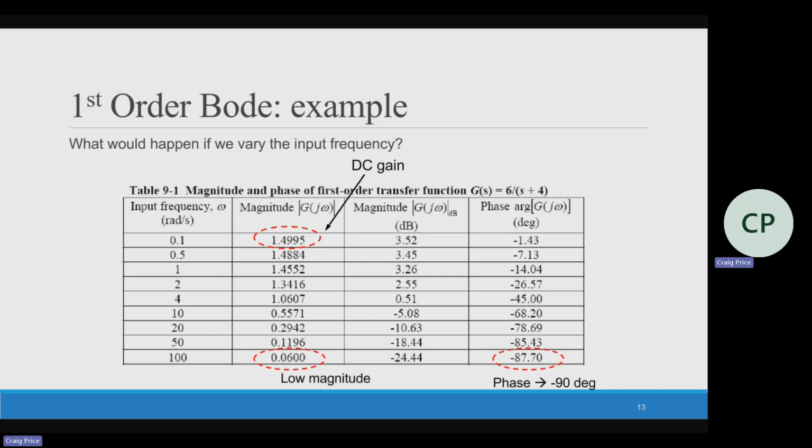And then this converts it to decibels, so that's 20 log of this number. So we can see it's pretty consistent, and then it drops off pretty fast. That's what's going on. Now, if we did the phase angle, again, as I plug in that omega, I start close to 0, and then once we get to those higher frequencies, I get close to negative 90 degrees.